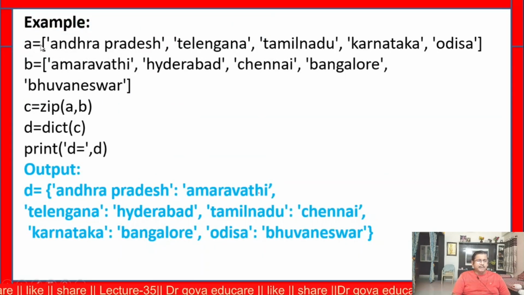Suppose A is a list containing strings: Andhra Pradesh, Telangana, Tamil Nadu, Karnataka, Odisha.